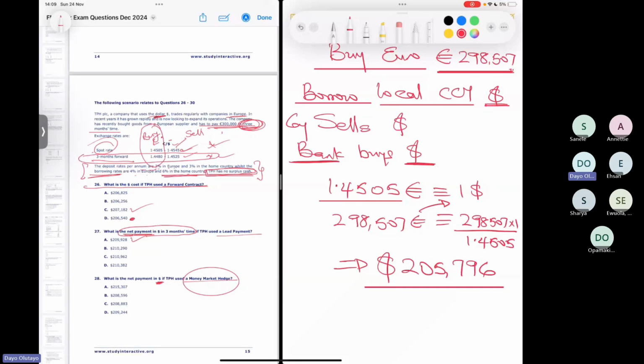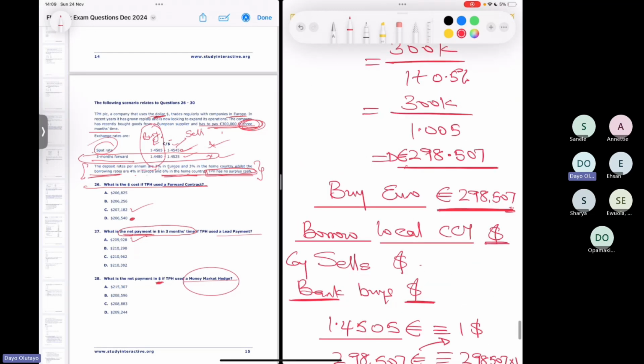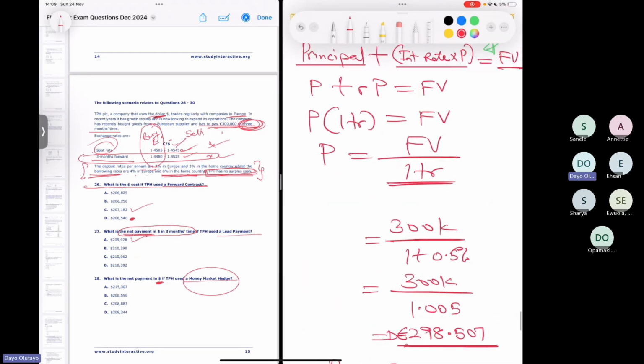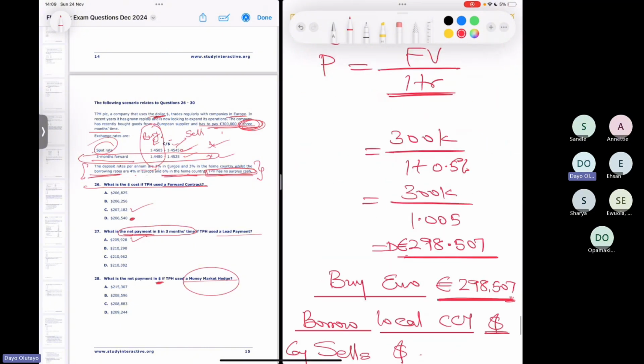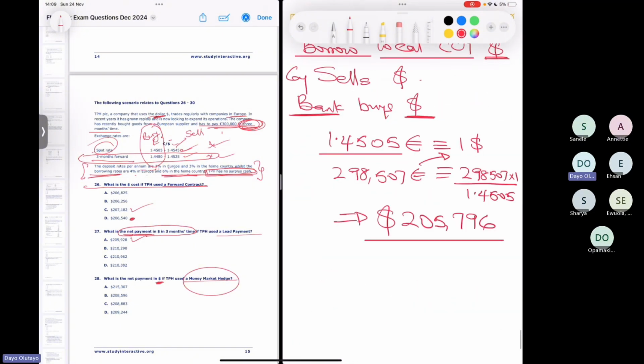If I borrow 205,796 dollars today, I can sell these dollars. By selling these dollars, I'm going to be buying this 298,507. And by the time I invest 298,507, I'll have 300k euro to settle my future euro liability.